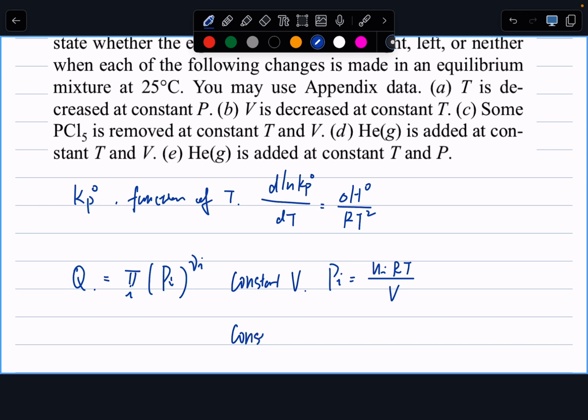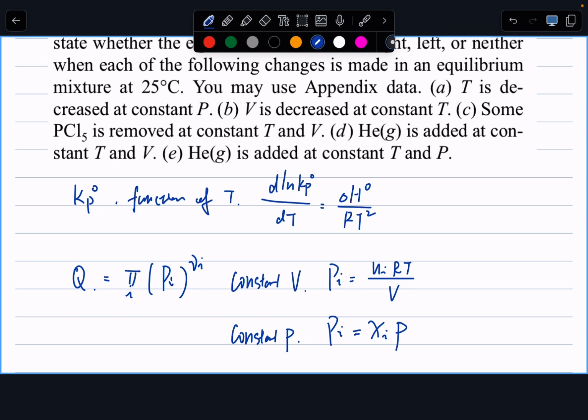Alternatively, if we're looking at constant pressure, we have Pi equals chi i times total pressure. So you want to look at the mole fraction of your species when the pressure is kept constant.